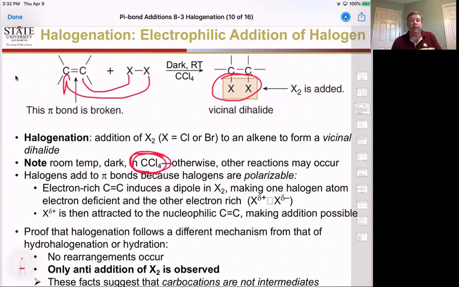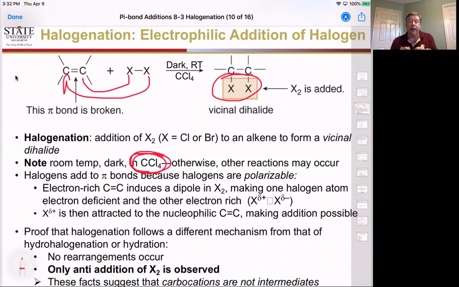So one of the things that we want to do is that the halogens add across the double bond, because the halogen-halogen bond can be polarized, okay? And so we're taking the electron-rich double bond and helping polarize that bond to make it break apart and give us the addition reaction, okay?